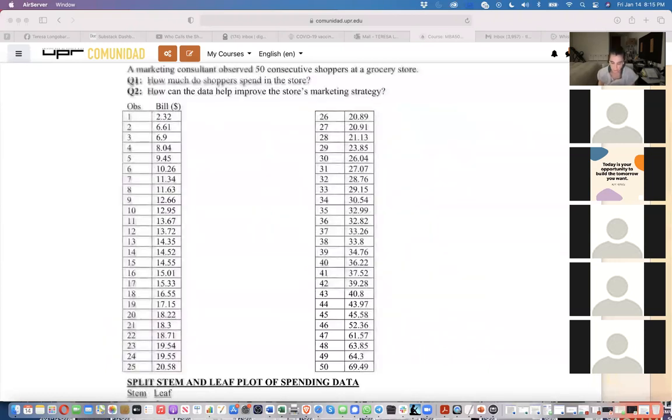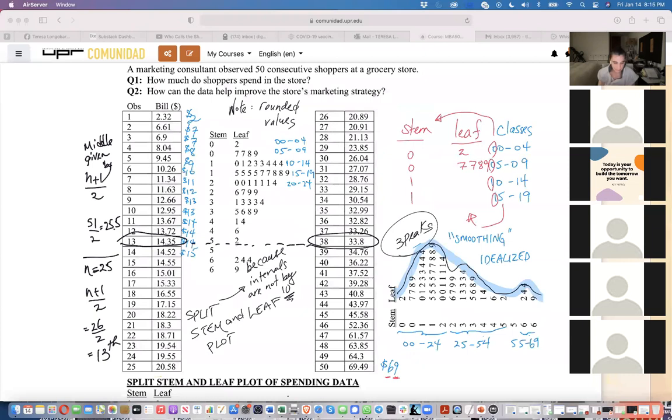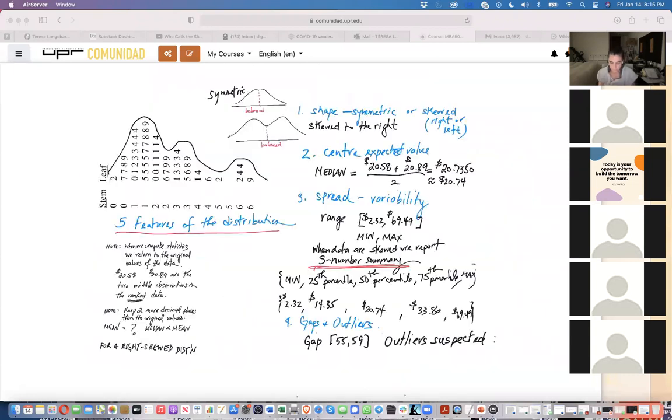The original values that we suspect are outliers are the last four, correct? So we're going to take the last four values. These are the suspected outliers.